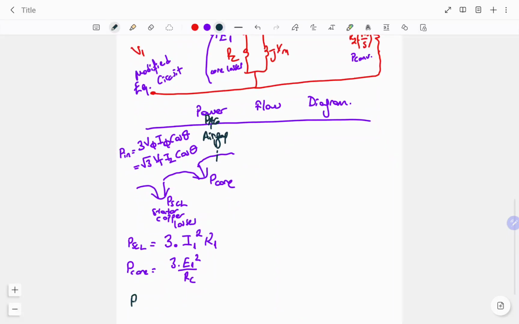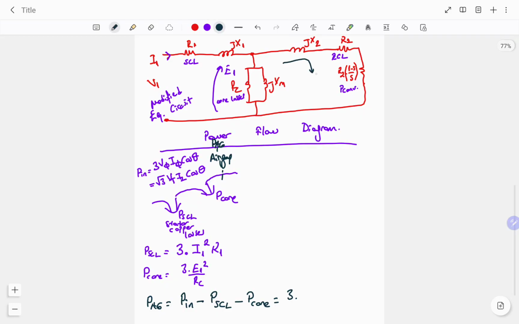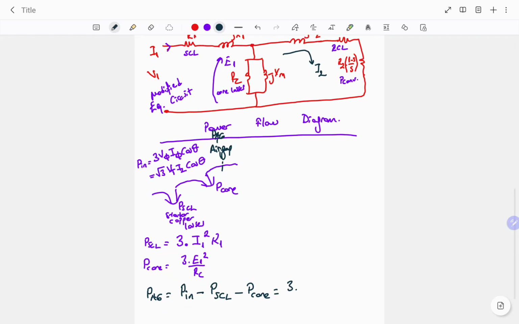For air gap power, we can use the power flow diagram relation, and we can say input power minus stator copper losses minus core losses. Or we can use the power transferred to the rotor from the equivalent circuit: 3 times the current flowing through the right side, I2 square, times the total resistance on the secondary side, R2 over S.